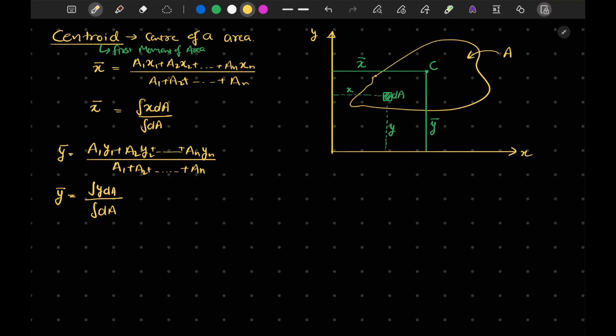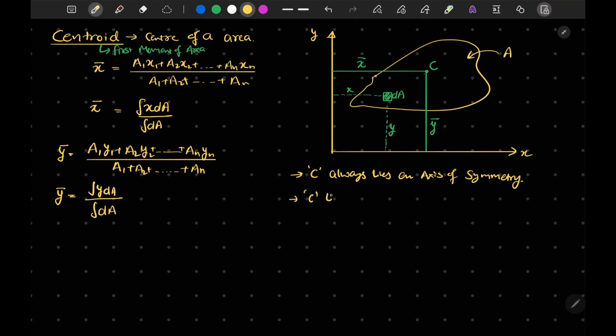So this is your centroid, and there are two important points. First, centroid C always lies on the axis of symmetry. If a figure has only one axis of symmetry, then your centroid will always lie on that axis of symmetry only.